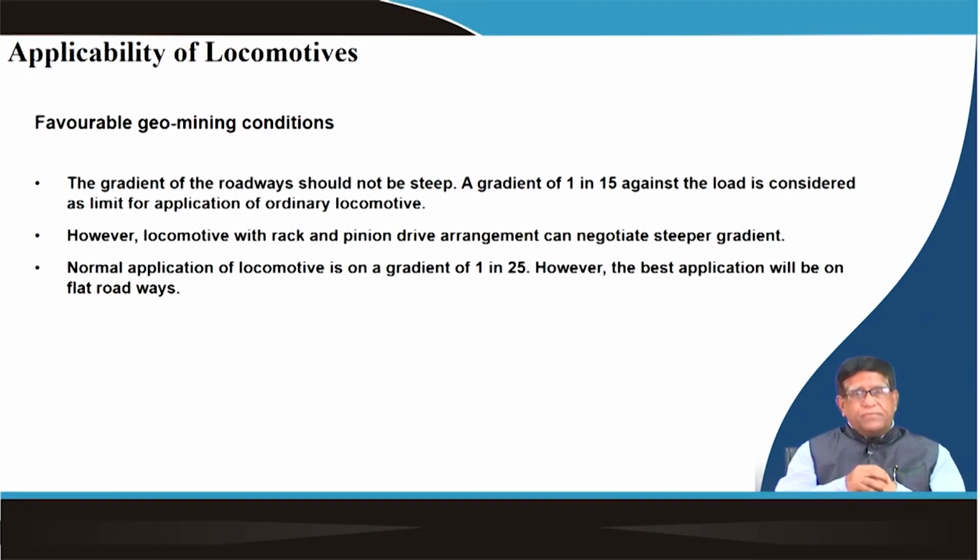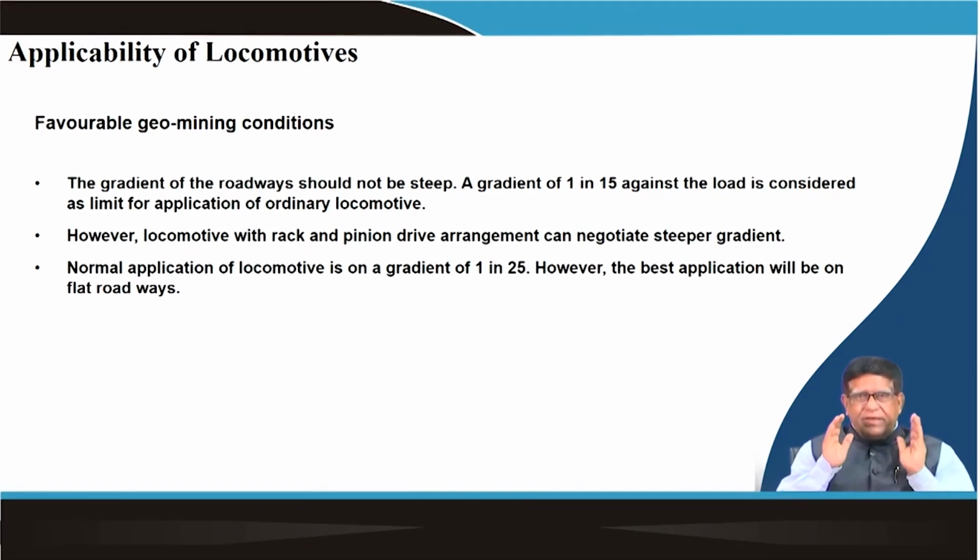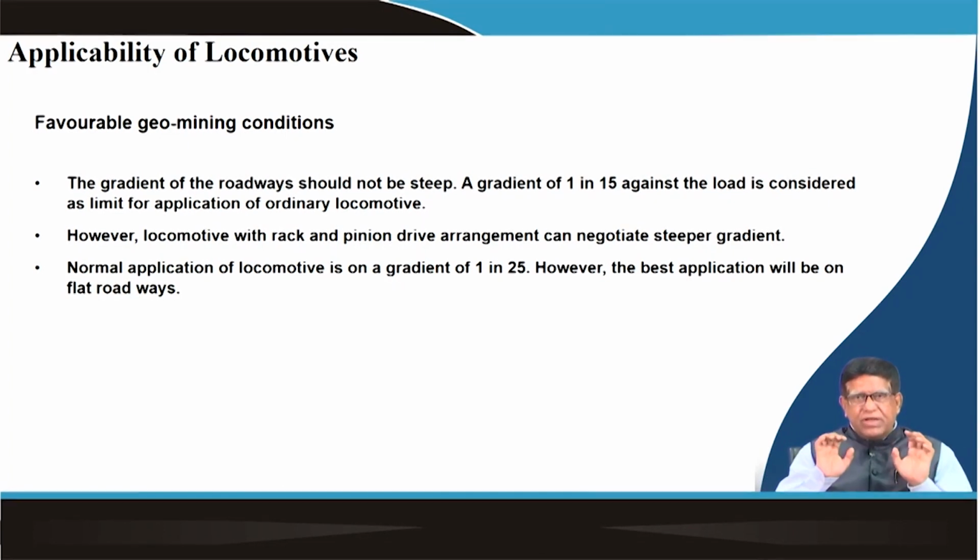Then the locomotive can be used with rack and pinion drive. That means, when the locomotive is going up, below it there is a chain which gives a grip and pulls it, just like the creeper we talked about in the pit top layout. Similarly, a rack and pinion can be used.